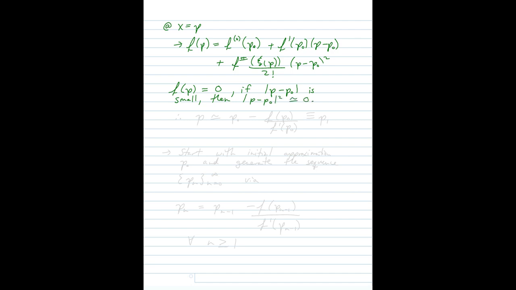Okay, and so taking that into consideration and plugging it back into that Taylor expansion, we can say that p is approximately p naught minus f of p naught divided by f prime of p naught. That's going to be defined as p1.